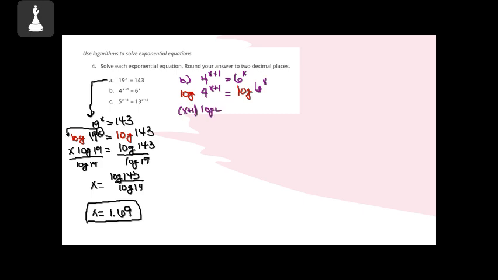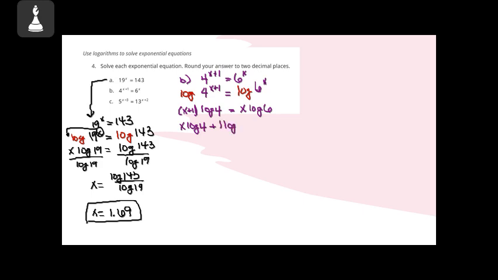Now, this problem has more than one x. So this problem is going to be a little more involved. So on this left-hand side, I need to distribute this out. So it's going to be x times log of 4 plus 1 log of 4 equals x log of 6.